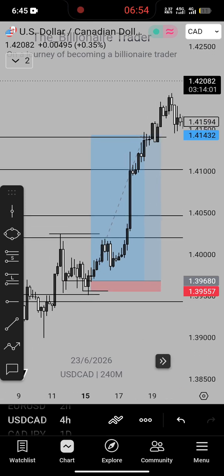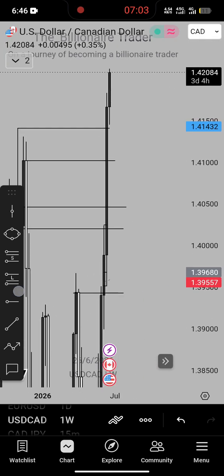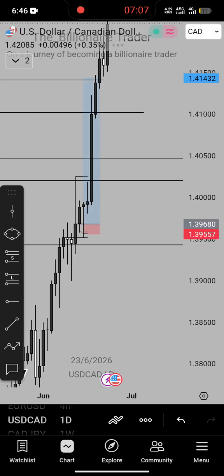So how did I do it? I started from weekly time frame, invalidation of opposing key level, showing us that okay, we are bullish. On daily time frame, we have bullish breakout, and also on daily time frame, we have sweep of previous day low, daily rejecting daily.